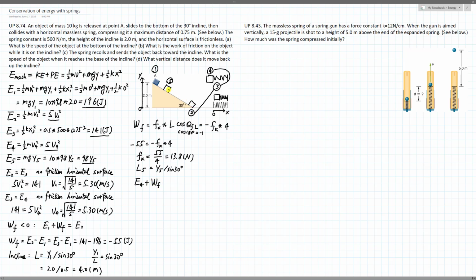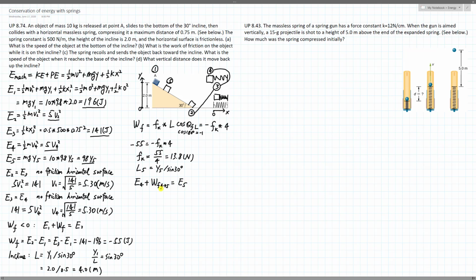Between the bottom and up, back up the incline. So how about we put here 4 to 5, just to indicate this is a different amount of frictional work done than over here, that is from 1 to 2. We could have put a 1 to 2 here, but now we realize we need that to make these two separate quantities. So going up the inclined plane, losing some energy, and now I get to E5.